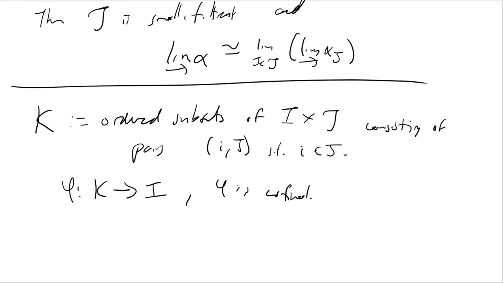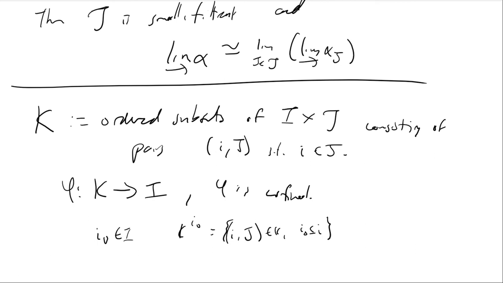To see that, just note that if I have some I0, then I can consider k I0, and this is nothing but the pairs of I and J with I0 less than I in this ordering.